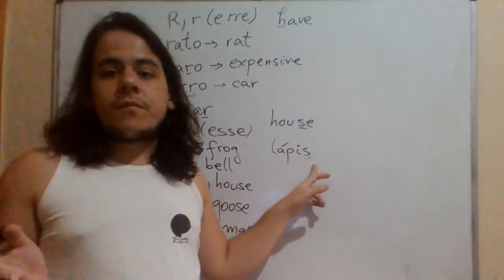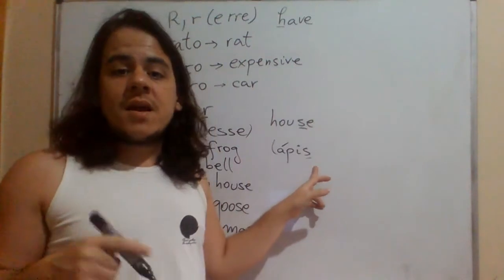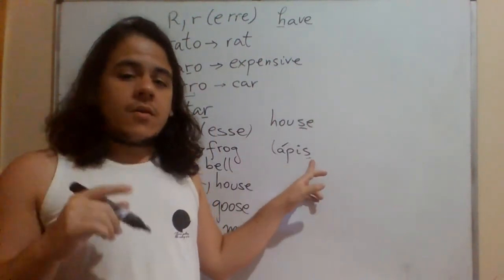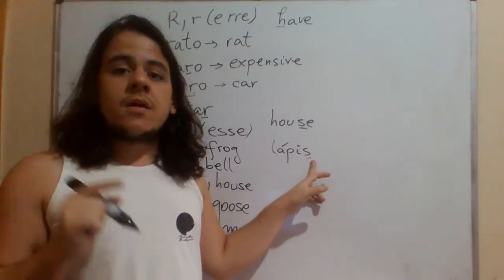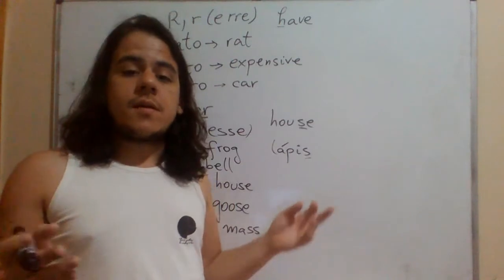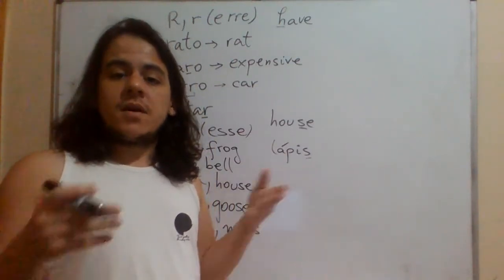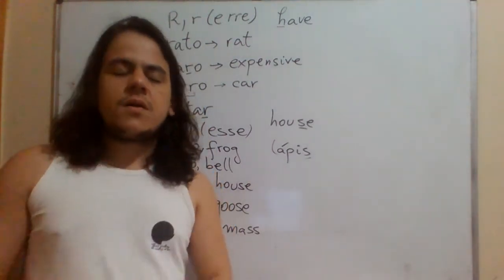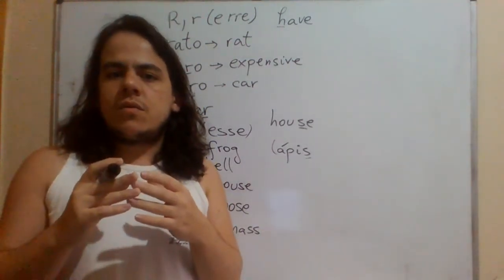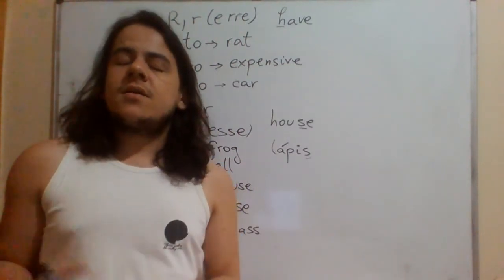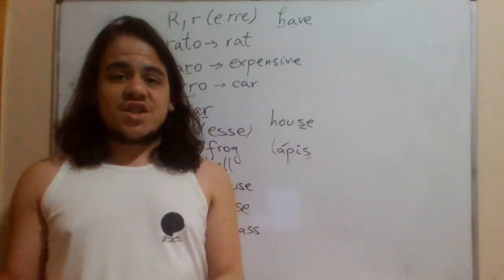In other parts of Brazil, they say lápis. Notice the difference. Rio, sh. In São Paulo, for example, they say lápis. In Rio, we say lápis. You can use the accent you love the most. As I live in Rio, I'm a carioca, I will say lápis.